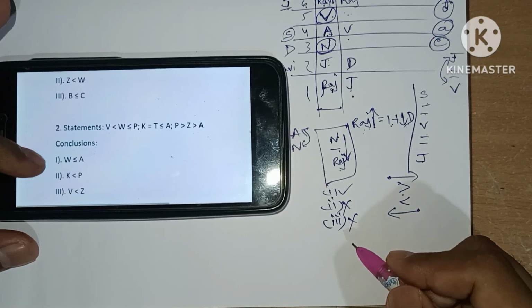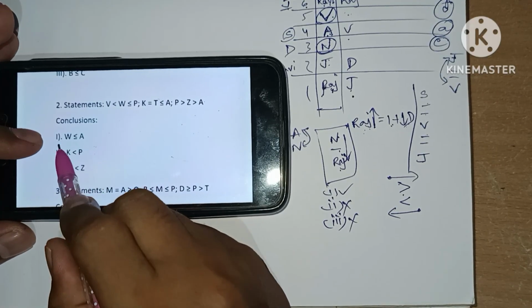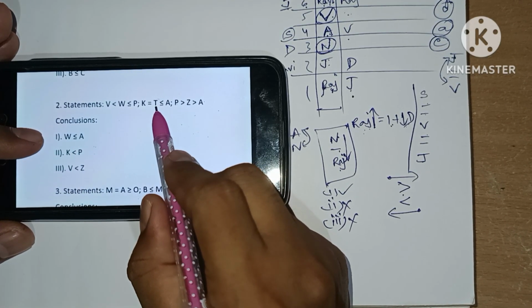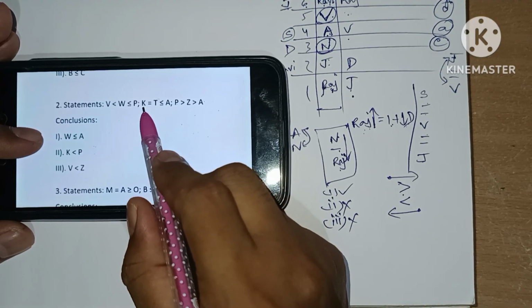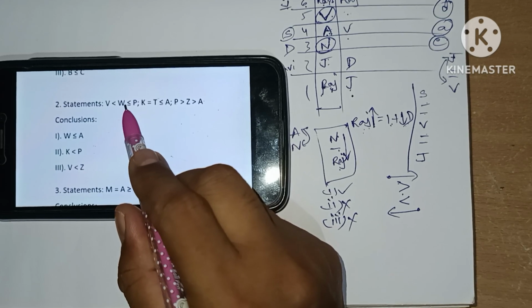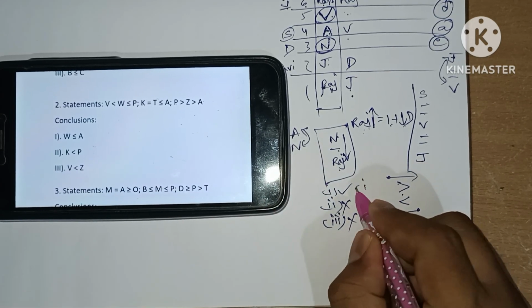Now we are going to see the second question. The flow from A to W with everywhere equals to. From A we can reach T and K, but cannot reach W, so the first conclusion will be false.